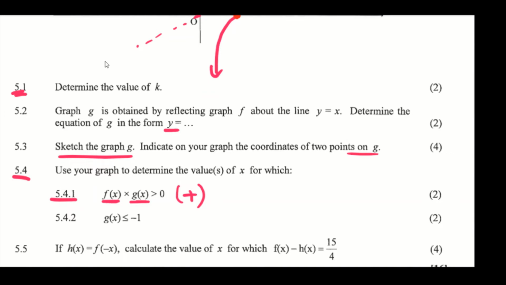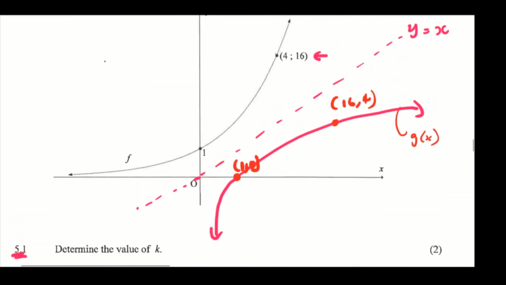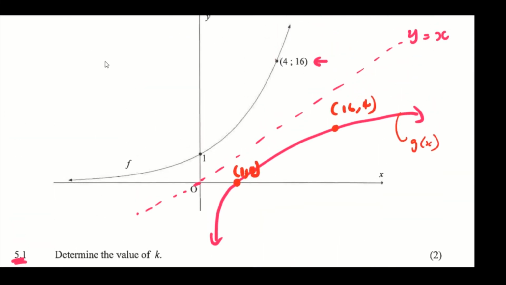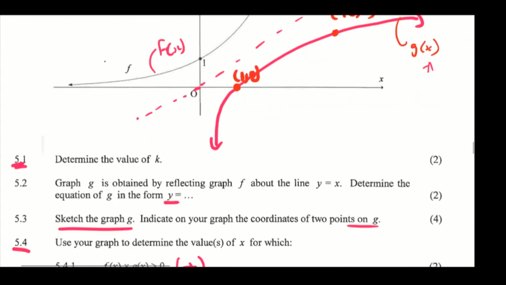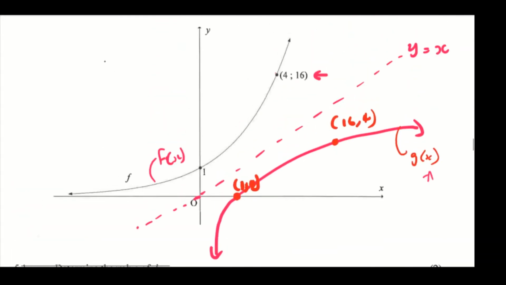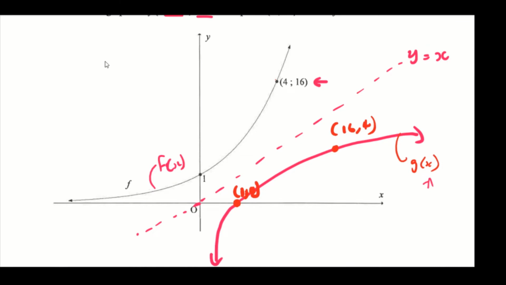So where does that happen? You go back to your graph. This is f of x, and this is g of x. Where in this graph do you multiply the y value with another y value and get a greater than 0 solution?